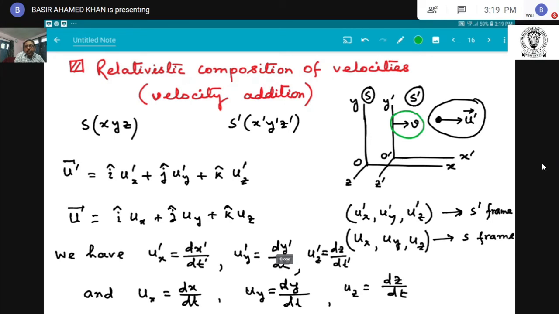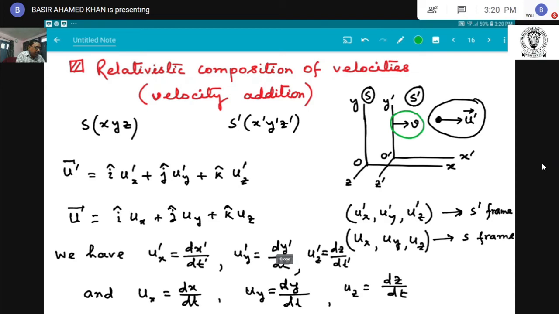That means the third case is when the particle moves with velocity c, and the s dash frame is also moving with velocity c with respect to s.